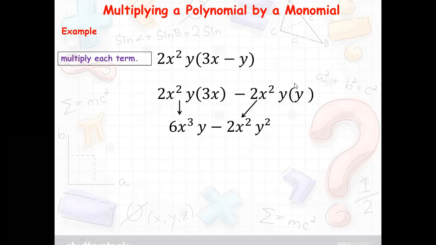Then x squared, there is nothing here, so write x squared the same. Then y multiplied by y. Now no exponent means it's going to be 1 as exponent here and 1 as exponent here. So y multiplied by y, that's 1 plus 1, will give us y squared.